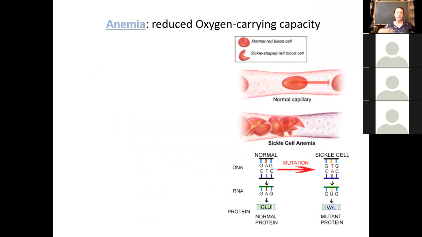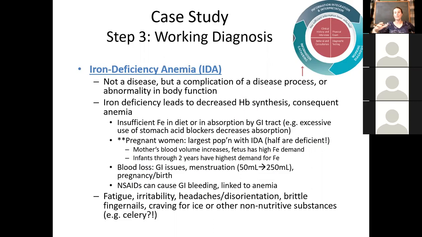So most likely this is what Jennifer has. A physician would of course use IDA as their working diagnosis and treat her accordingly. Any questions about that? Again, IDA is super common in our society, so many of you are probably already familiar with it.